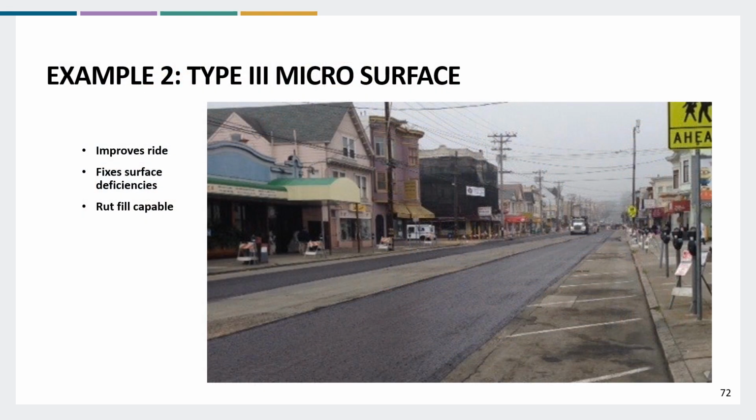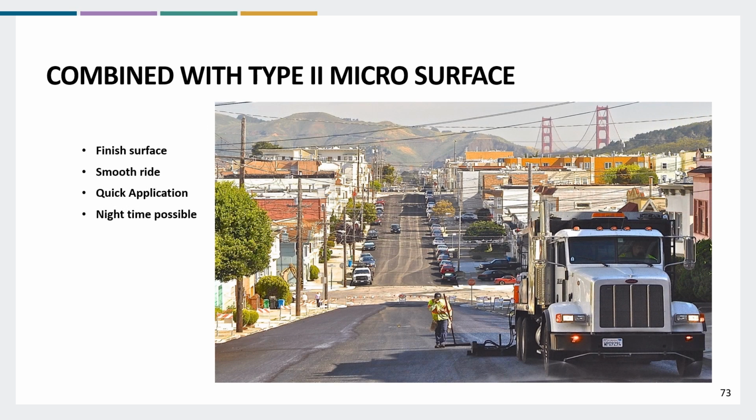Next, the city comes and applies a type 3 micro surfacing, which improves the ride, fixes surface deficiencies, and has rut filling capabilities because of the size of the aggregate in the micro surfacing. The final step is the wearing course, type 2 micro surfacing, which gives you a finished surface, smooth ride, and is a quick application because of the chemistry.